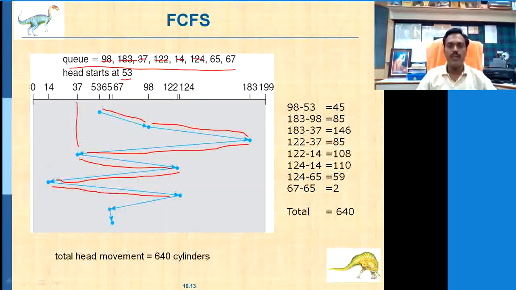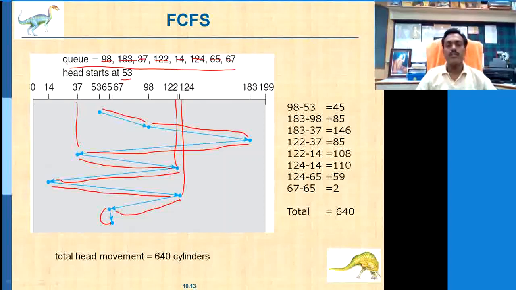Then from 124 it goes to 65. You can observe here, this one is 124 and this one is 122. It goes to 65, this one. Then from 65 it goes to 67.